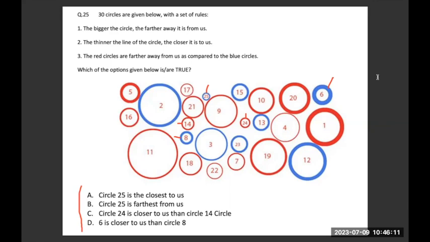Tanvi, Lavya, wrong answer. Kashti, Vishwa, Dhyay, Anvi, Manya, correct answer. Shrujal, wrong answer. Tanvi, correct answer. Vaibhavi, wrong answer. Rishabh, correct answer. Kavya, correct answer. Khushi, Sanchi, correct answer. Kashvi, Mahi, wrong answer. Riya, correct answer.